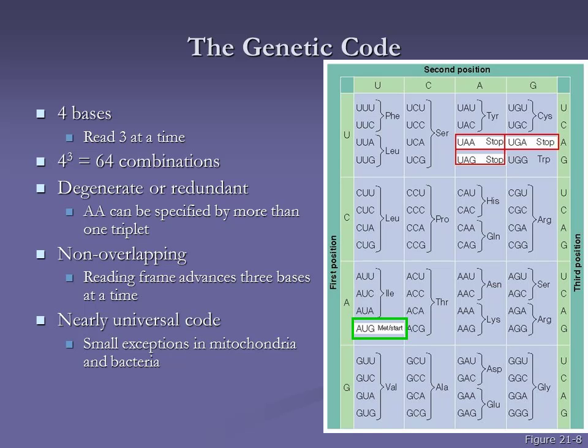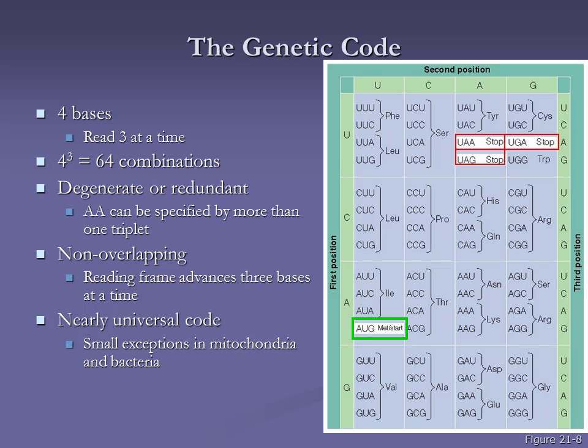Across the top, you have the second nucleotide, U, C, A, and G. So in the upper left-hand box, our codon is U, U, and then the U and the C are the codons for phenylalanine, and the UUA and the UUG are codons for leucine. And so on and so on.